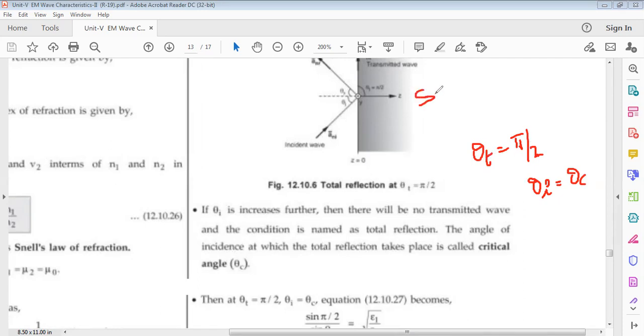We know sine theta T by sine theta I is equal to under root of epsilon 1 by epsilon 2, where epsilon 1 is one dielectric and epsilon 2 is another dielectric.